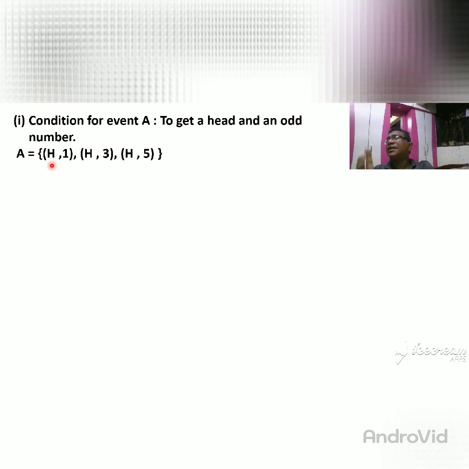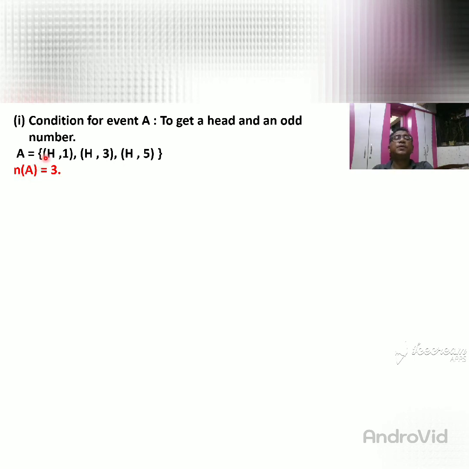Because it is a die, and the greatest number is 6, so there is no possibility to get 7 or 9. So I stop at 5. Do you understand? To get head and odd: H1, H3, H5. So the number of A is equal to 3. What is the number of A?